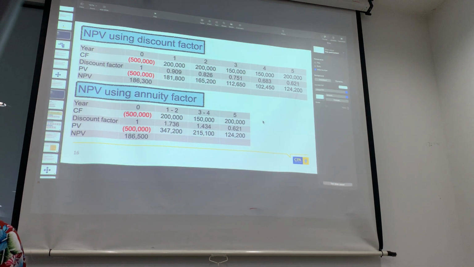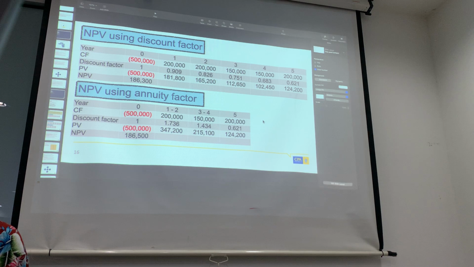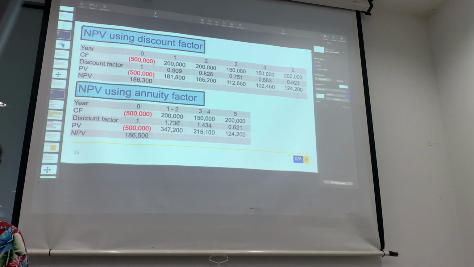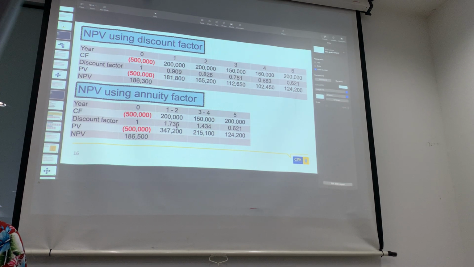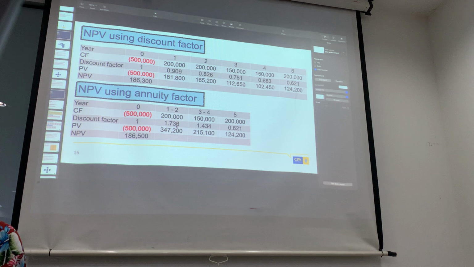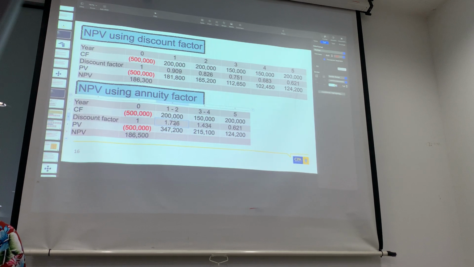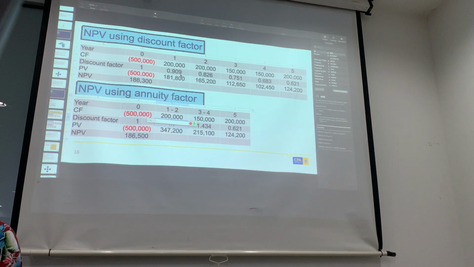Can you repeat for discount factor for annuity factors? Okay, this one, I'm using, okay, year 1. There's another way I look at it: you see this number here, year 1 and 2, I add these two together, this one plus this one.